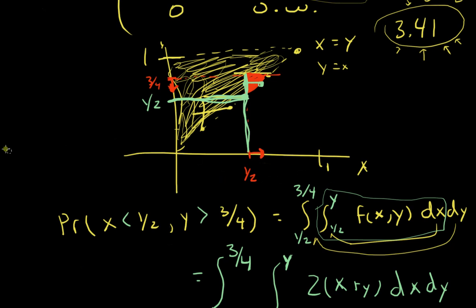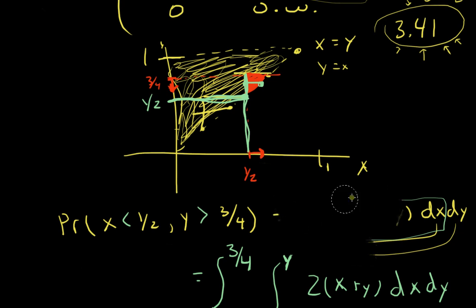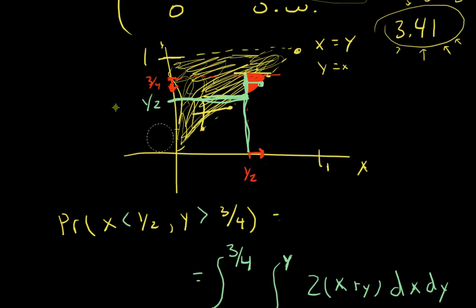And let's talk about how that changes things. I know I'm still going to have a probability involving both x and y, so I know I will be integrating the joint probability distribution function with regards to x and y.